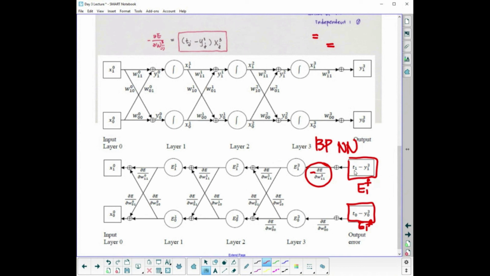Then, by multiplying by X, combining from the forward feeding x1 layer 3, by multiplying those two values, you're going to get this circle wire's negative gradient.